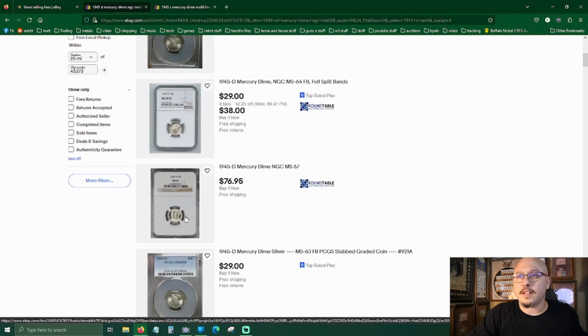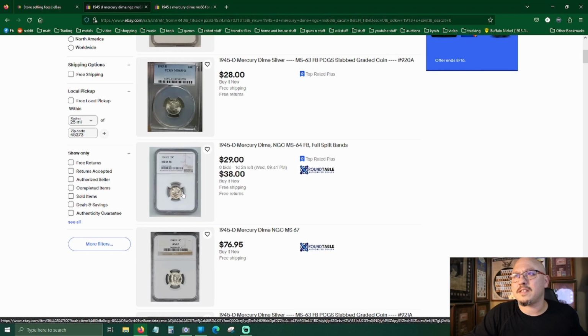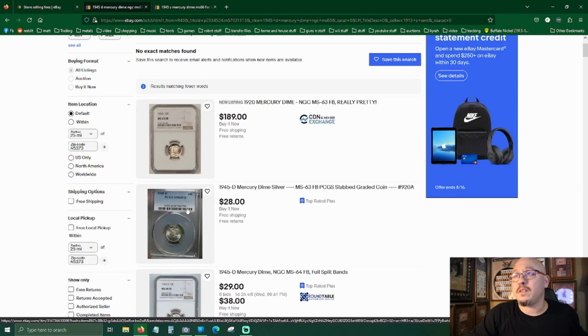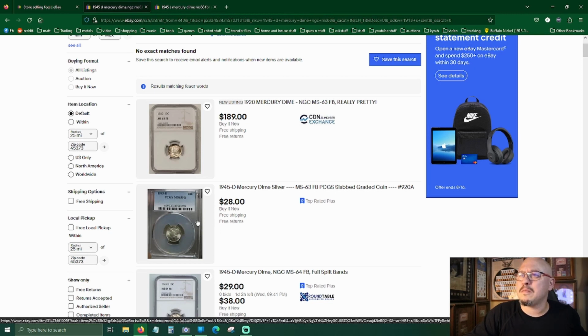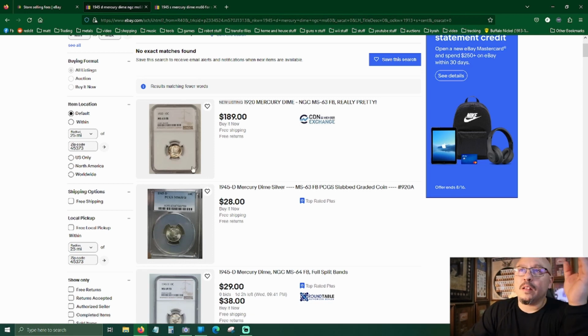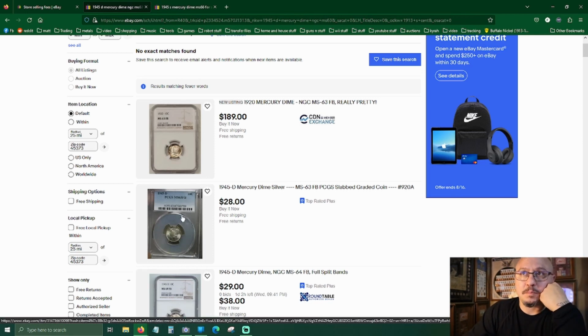Let's look at some other listings. Some people are listing it for 80. That's a 67, that doesn't work. That's a 64. Okay, apparently we're having trouble. That's a PCGS MS63 full bands, 28. That seems like a really good price. Anyhow, let's assume that we have one of these.